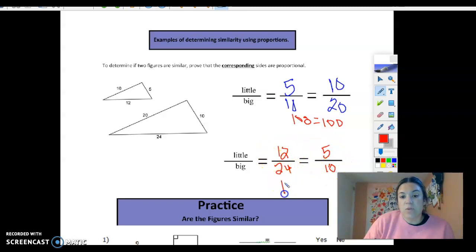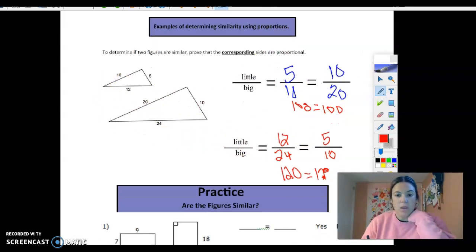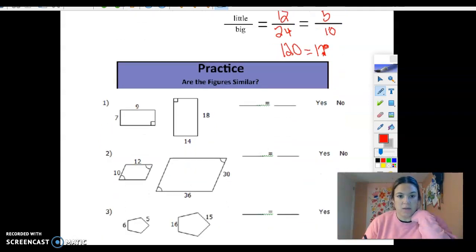So 10 times 12 is 120, and 24 times 5 is 120. So all of the sides are proportionate to each other. I could cross multiply all of them, and I can use a proportion to make sure that those two triangles are similar.